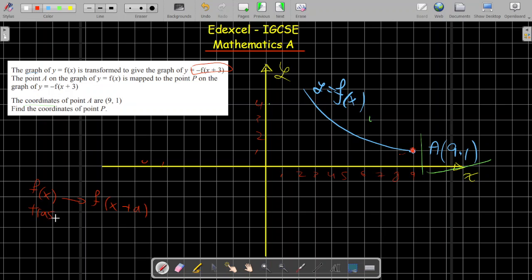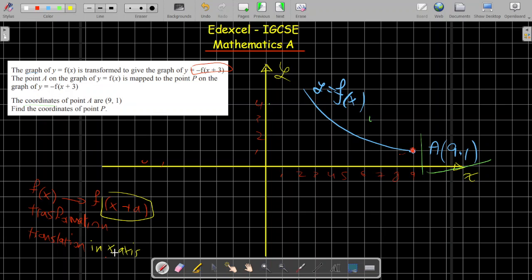From our study of transformations, this transformation represents translation. It means that it's moving from one side to another. But translation in which direction? We know that if we have the variable inside of the bracket, the translation is going to happen in the x-axis.